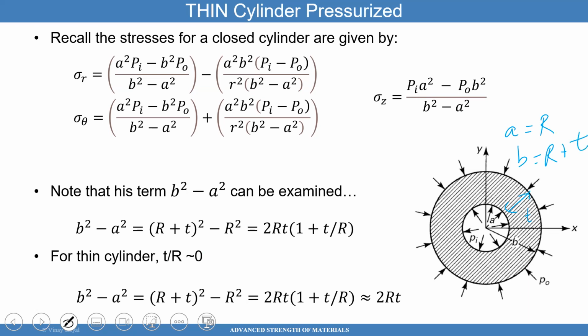So what I did there is I plugged in what B is in terms of R, the inner radius, plus T, and then A is just R, the inner radius. Remember, B was the outer radius and A was the inner radius. The outer radius is the inner radius plus the thickness. I'm just changing variables to make it easy to follow. I can do this calculation and factor 2RT, and when I do that, I get 2RT times 1 plus T over R.